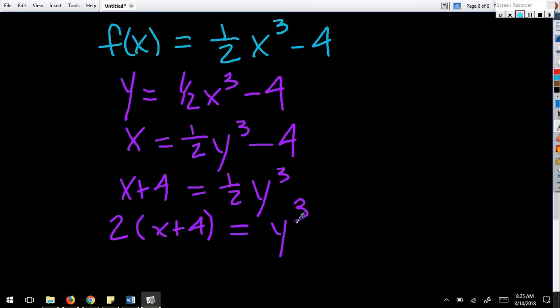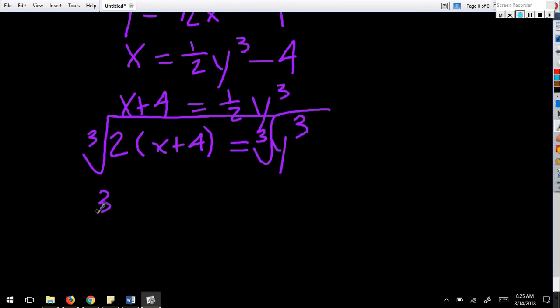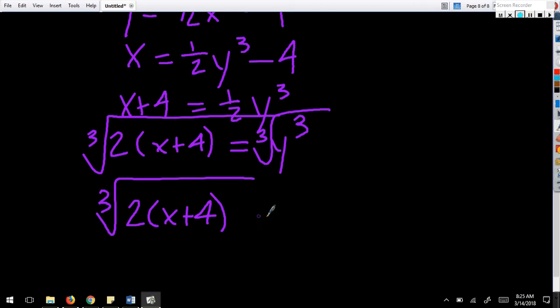That's a complex fraction. There's still something else hooked there. How do I get rid of that? Cube root it. And look, don't make life harder than it is. Leave it as cube root of 2 times x plus 4 equals, I'm going to change this back in function notation from y.